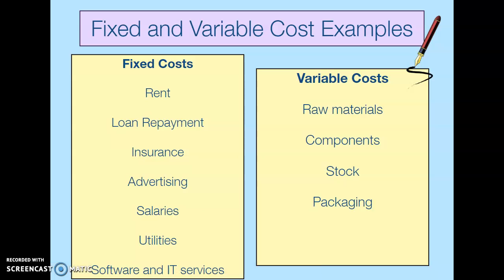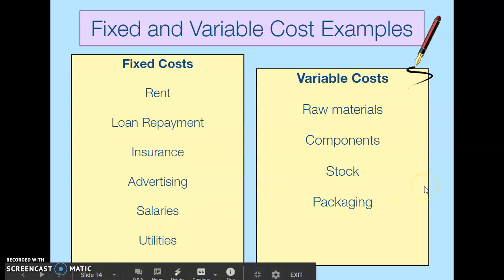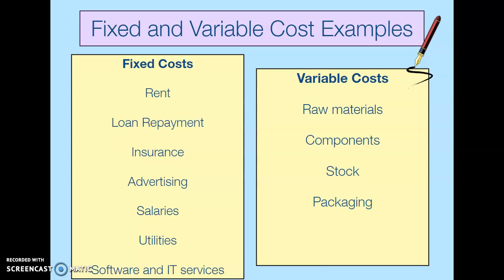Variable costs, on the other hand, are raw materials, components, stock, and packaging. Now, you probably know what stock goods are, but I'm going to give you a quick definition. Stock goods are goods and merchandise kept in a shop or in a warehouse.